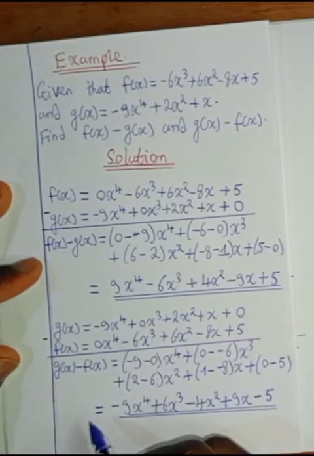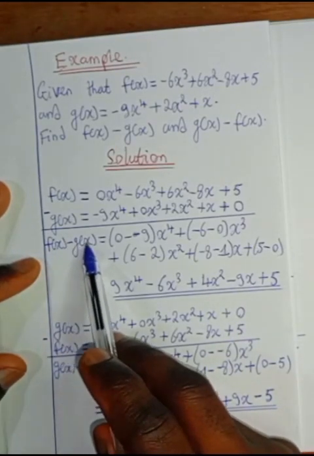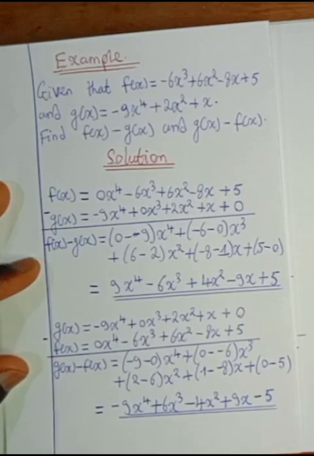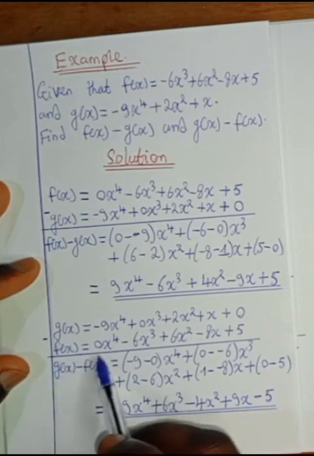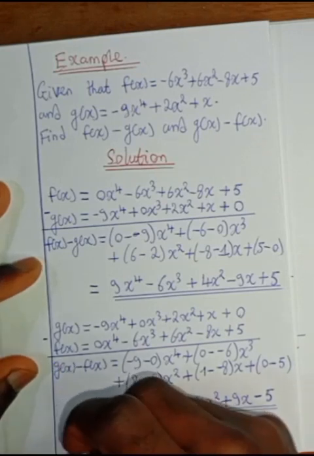Okay, you notice that the results are different. You see f of x minus g of x is different from g of x minus f of x, which is the same as saying that f of x minus g of x is equal to negative 1 times g of x minus f of x. Let's write this down.